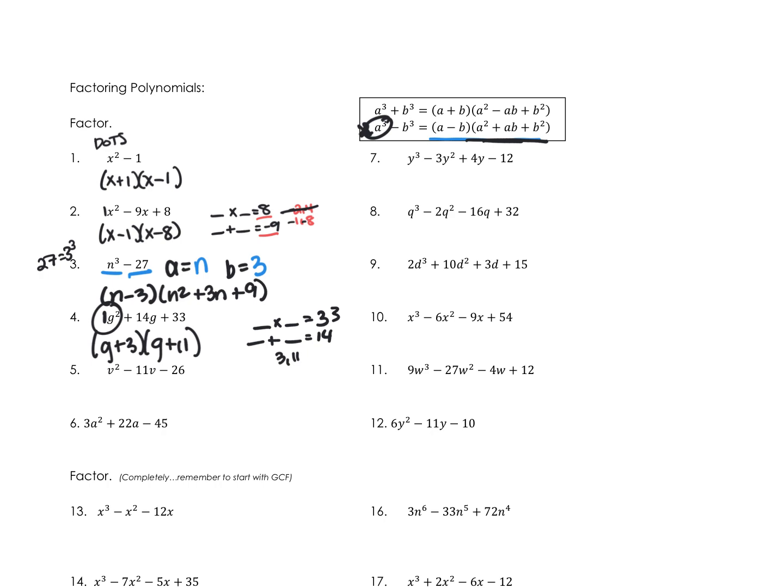Number 5, this also is a is 1. So we're going to be looking for two numbers that multiply together to get negative 26 and add together to get negative 11. Well, two numbers that multiply together to get 26 is just 2 and 13, besides 1 and 26. And 1 and 26 will definitely not add together to get negative 11.